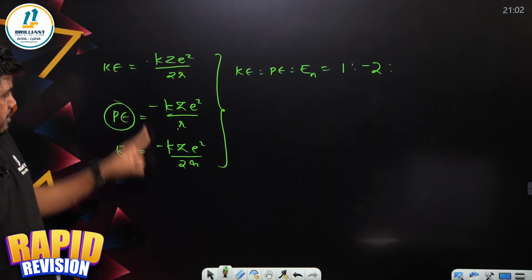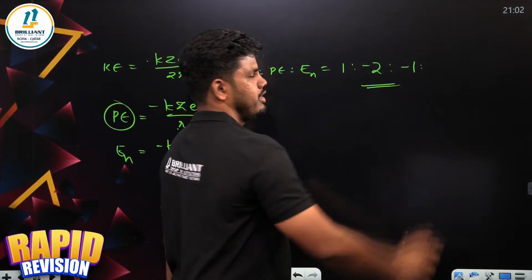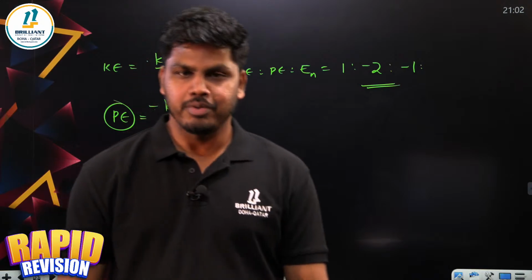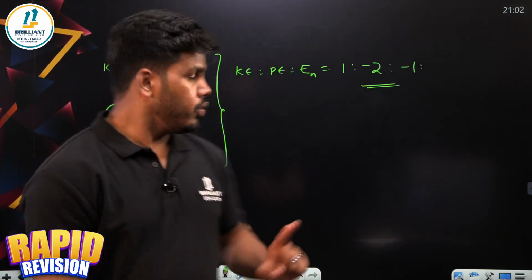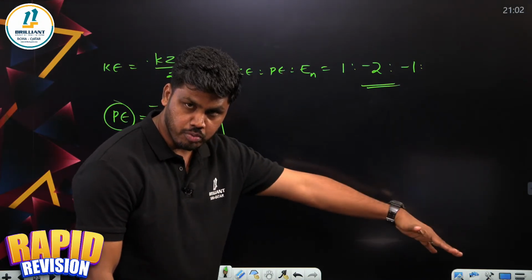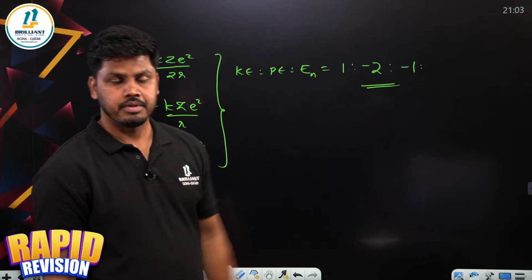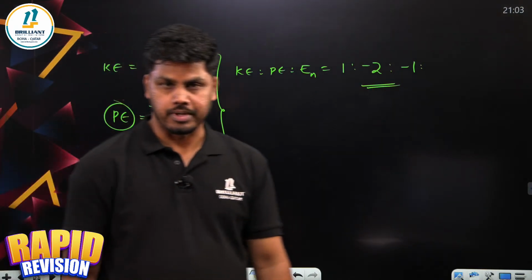Total energy is just kinetic energy multiplied by minus 1. So 1 is to minus 2 is to minus 1. The advantage of having this ratio is that if you know any of the energies, kinetic, potential or total of an orbit, you can find out the others. 1 is to minus 2 is to minus 1.